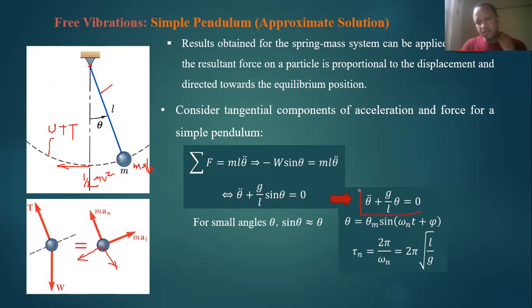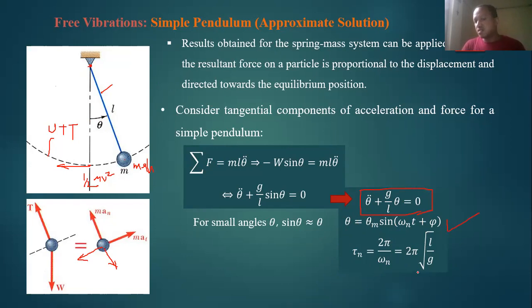This is the equation of simple harmonic motion, or the equation of the pendulum. And then we assume a solution of this type also. Theta m is the maximum value of theta, sin of omega n t plus phi.